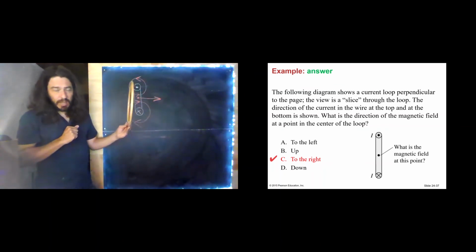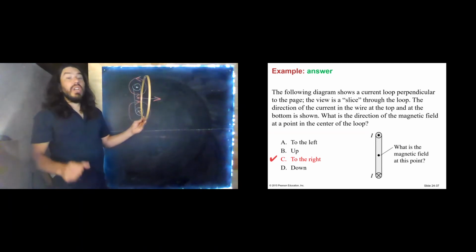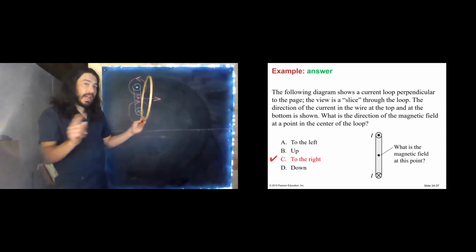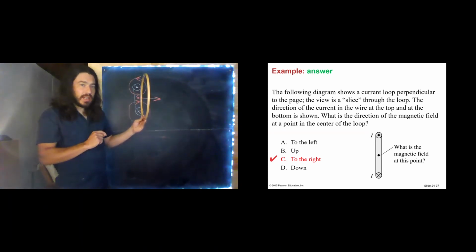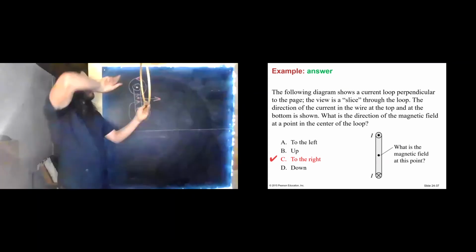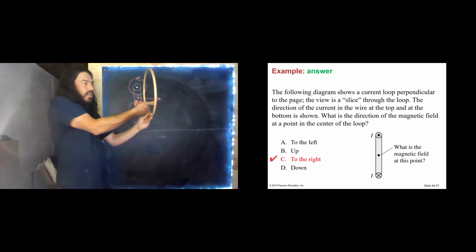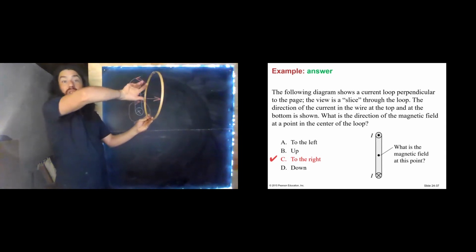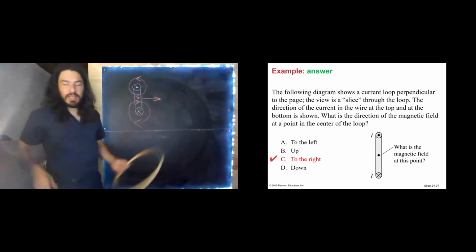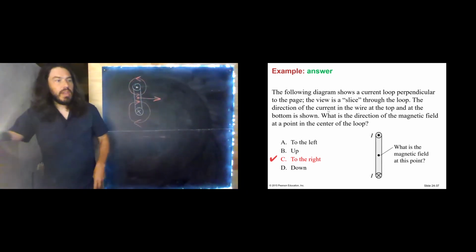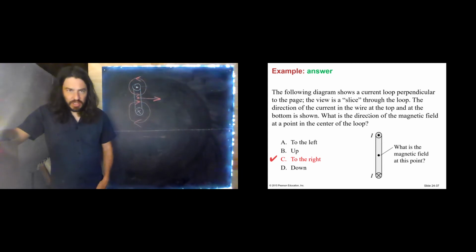Alternative right-hand rule number 1, I will state it again. You curl your fingers in the direction of the current. Your thumb points in the direction of the field on the inside of the loop. That is the alternative version of right-hand rule number 1, and it can avoid some wrist strain when you're dealing with loops.